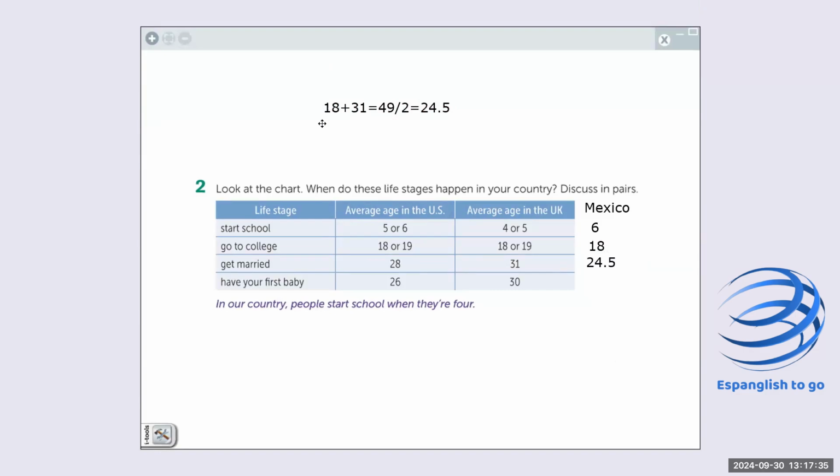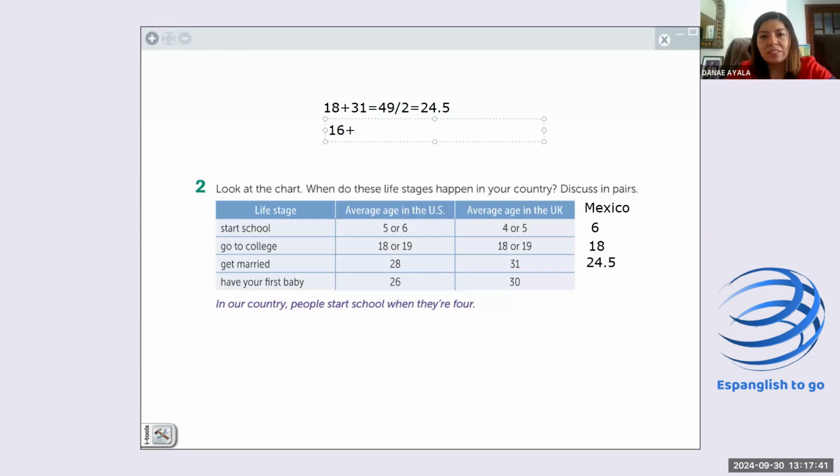Some people have their babies at like 16, and some at the last moment, maybe 40-something, 45.